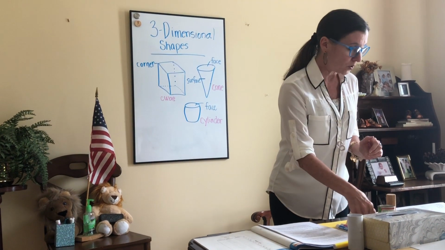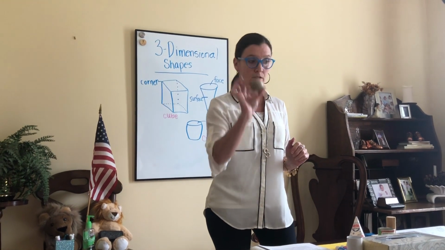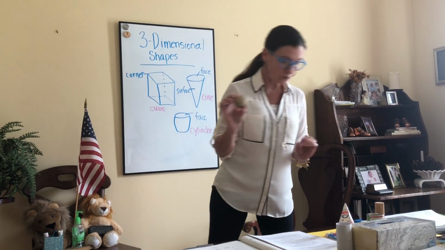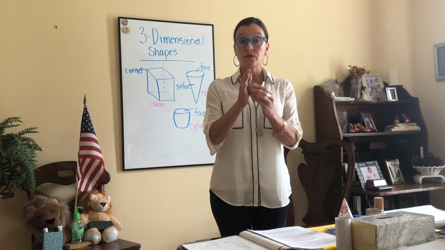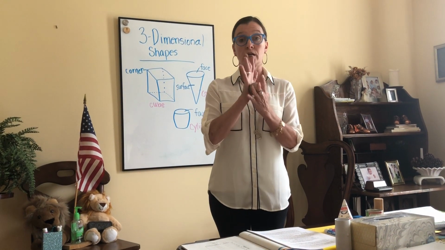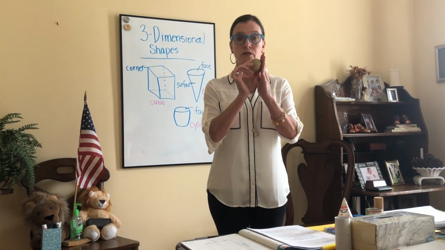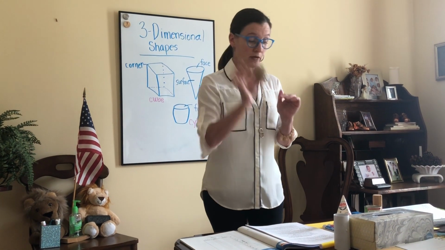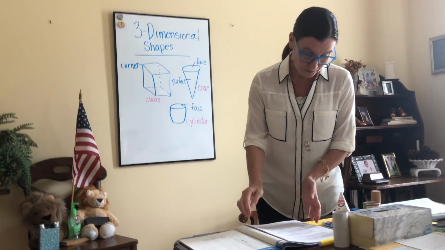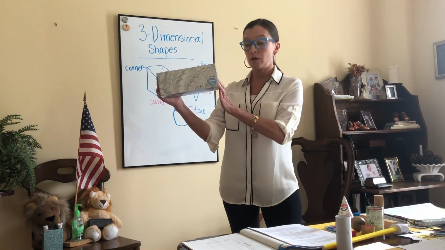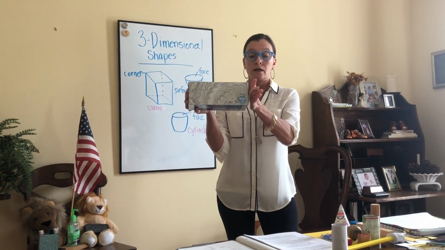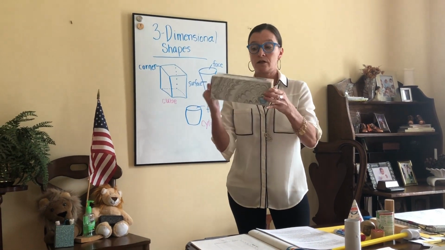A non-defining attribute would be the size of it or the color, okay? Same thing with our ball, otherwise known as a sphere. I'm not sure what Penny did with her little green tennis ball, but they can be different sizes. But to be a sphere, it's curved all the way around. There are no lines, no flat surfaces. It's simply a round shape. All right, and as far as your rectangular prism goes, there are no curves at all. It has to have flat sides everywhere.